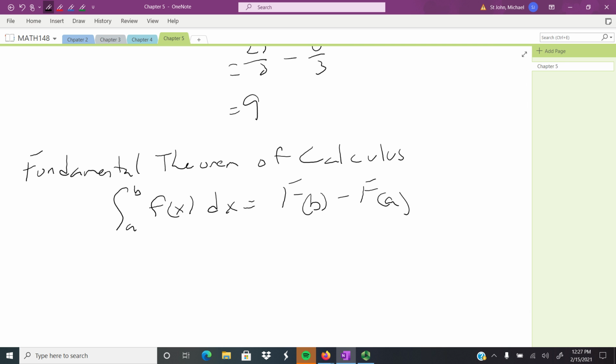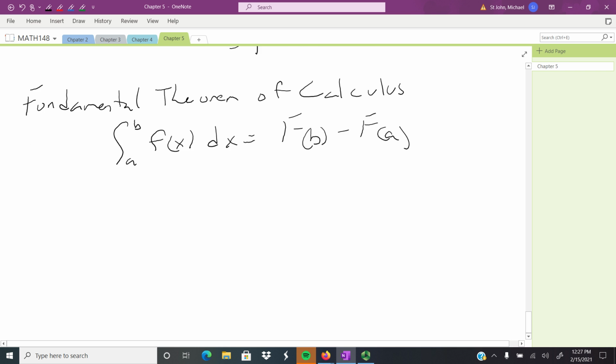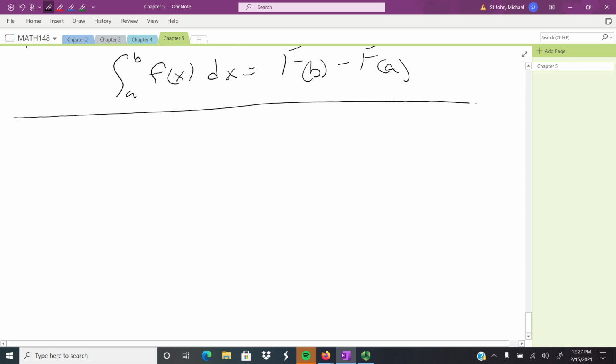So then, in terms of problems, let's say we have this one. We have that the marginal profit is given by 165 minus 0.1x, and x is between 0 and 4,000.